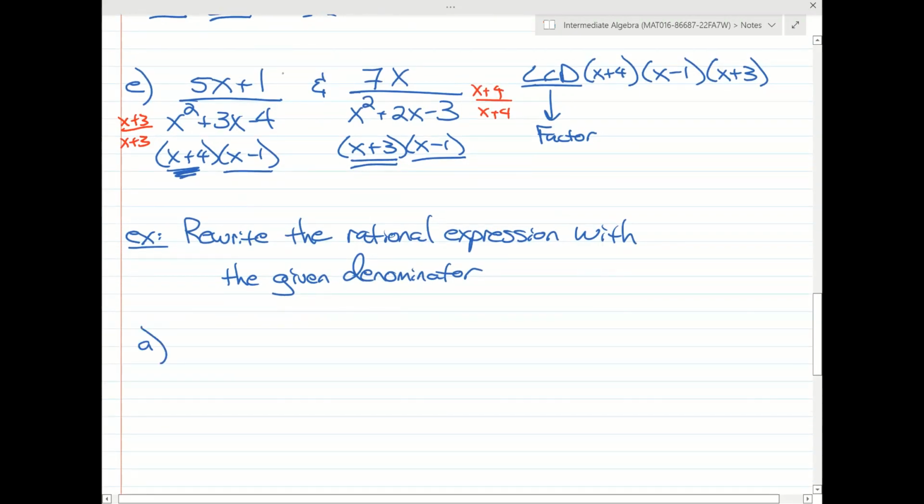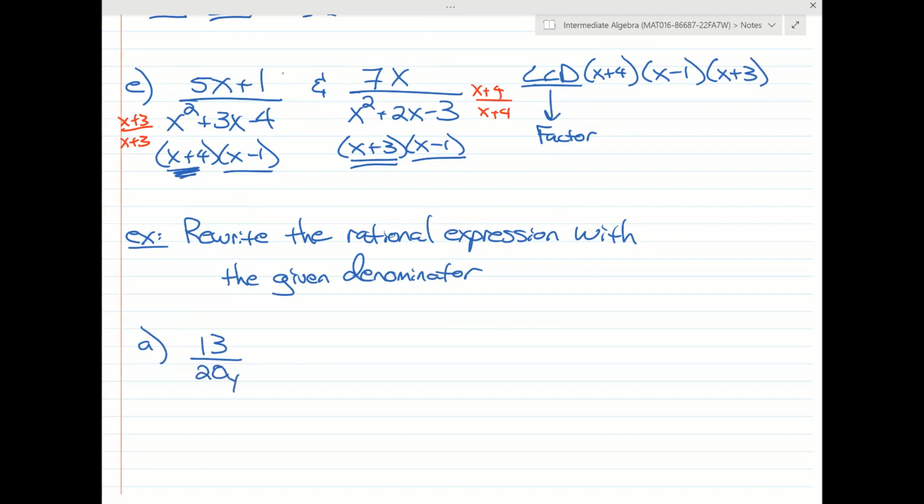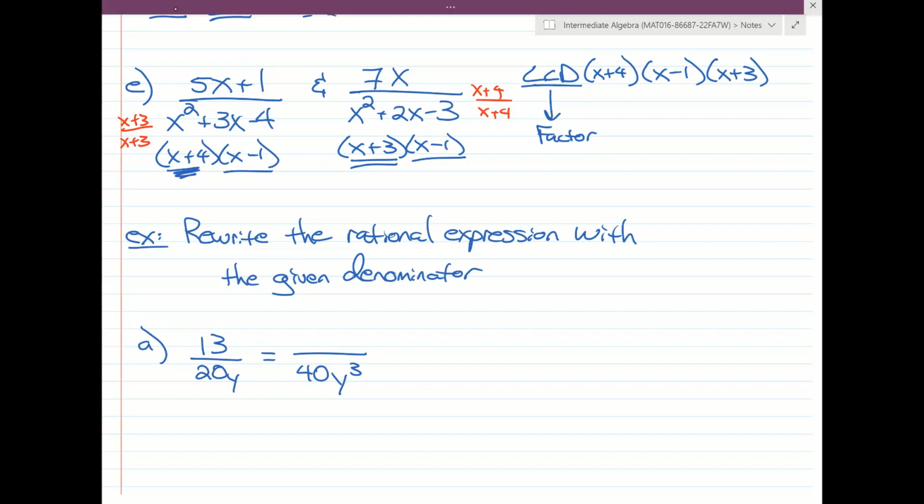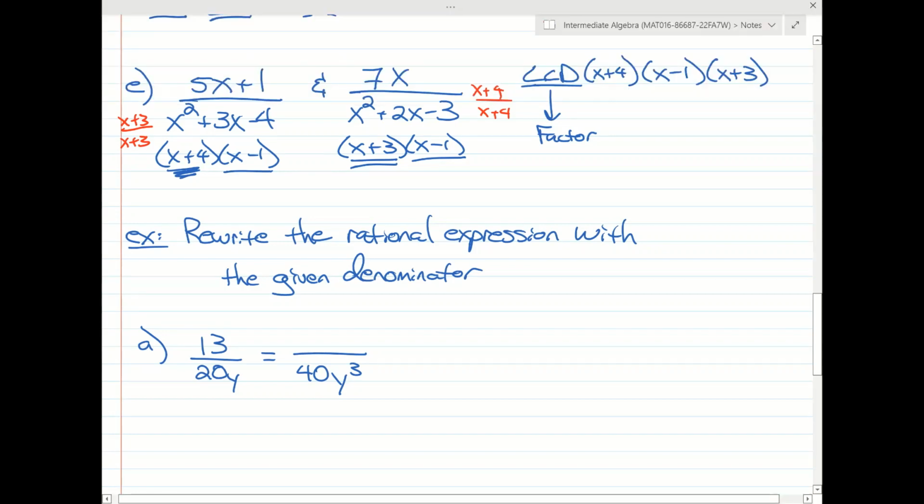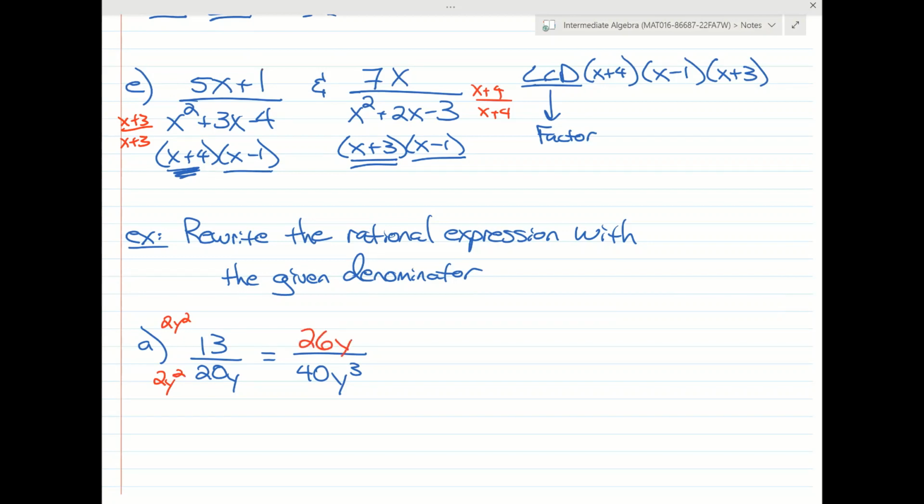So for example, if I gave you 13 over 20y, what I'm asking you to do is figure out what you'd have to do to get a 40 y to the third in the denominator. Well, in order to make that happen, you'd have to multiply by 2y squared on top and bottom. And then that would just turn into 26 y to the second over 40 y to the third.